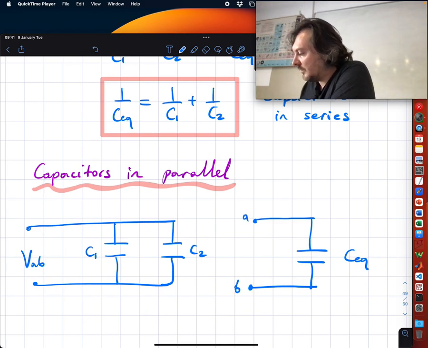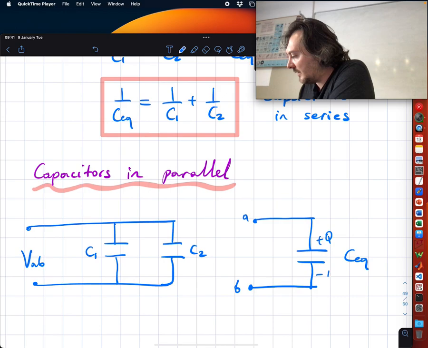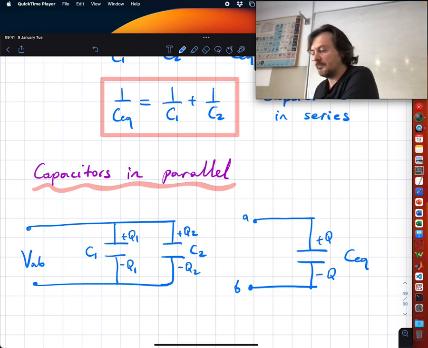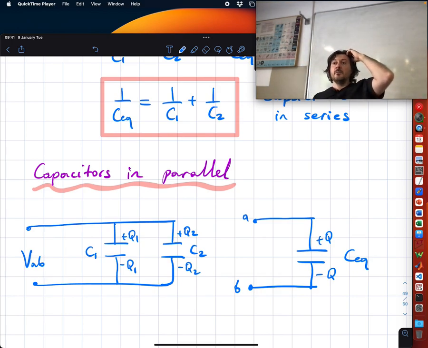Right? So this one has plus Q here, minus Q here. These ones have plus Q1, minus Q1. They can have different charges now. Can't they before have the same charge?